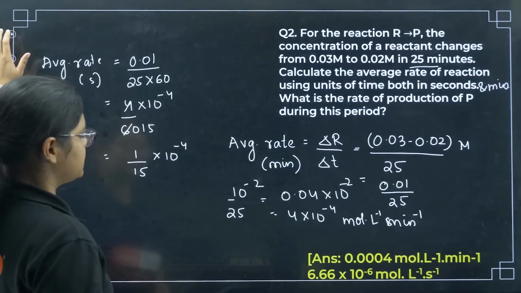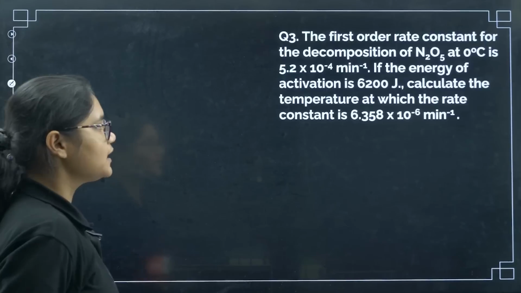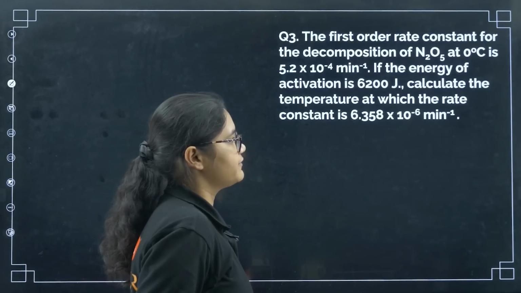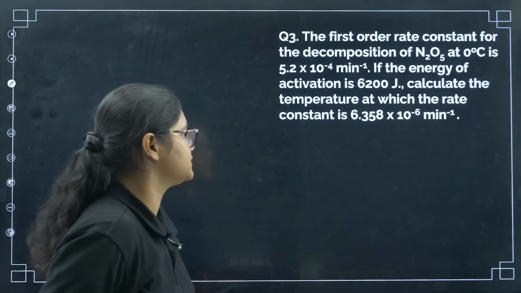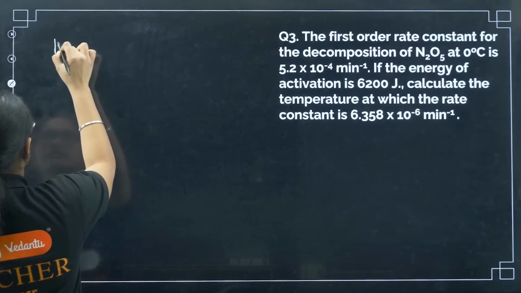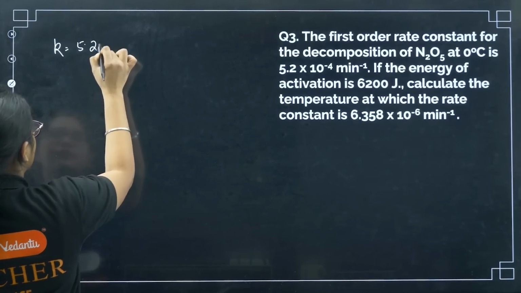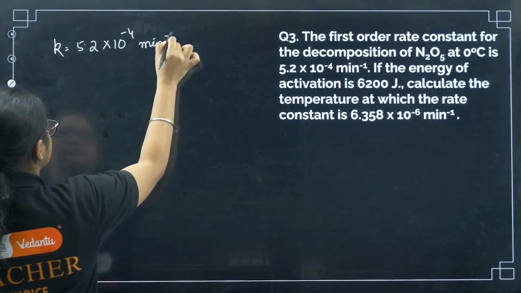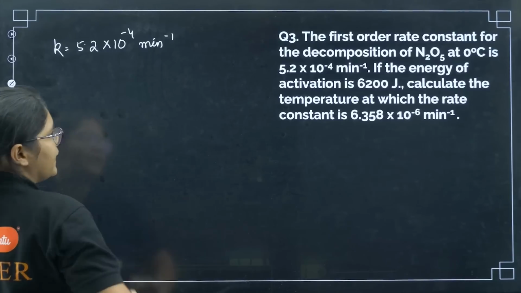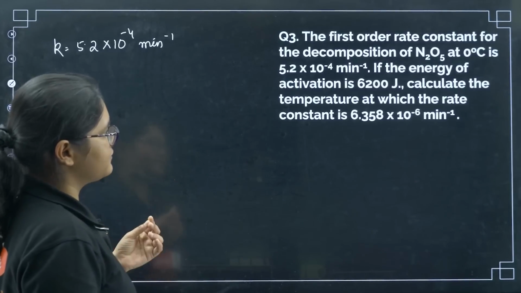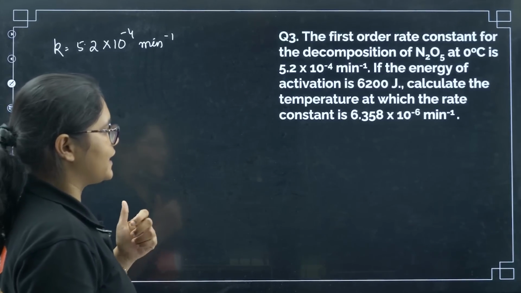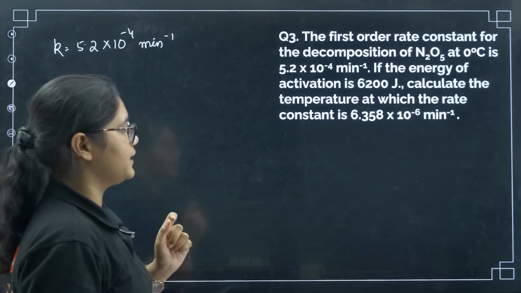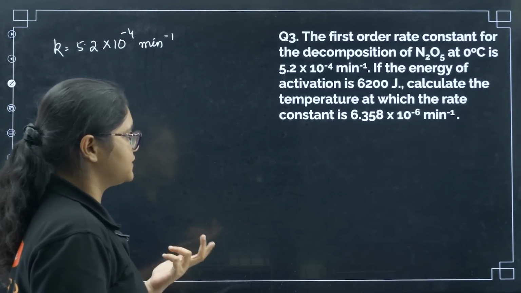Okay, next is question number 3. The first order rate constant for the decomposition of N2O5 at 0 degrees Celsius is given, so we have the value of the rate constant, which is 5.2 into 10 to the power of minus 4 minute inverse. Next, if the energy of activation is 6200 joules, calculate the temperature at which the rate constant is 6.358 into 10 to the power of minus 6.